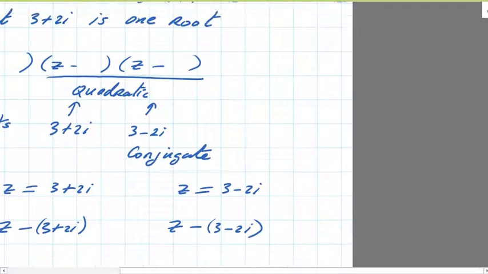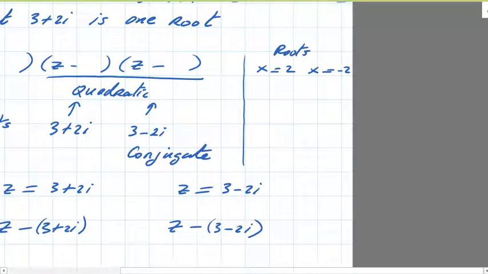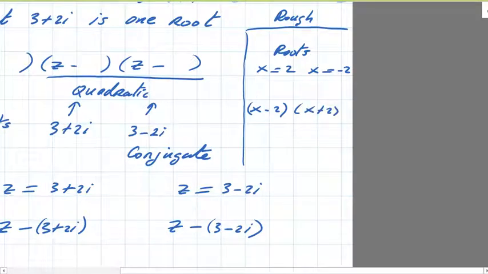In the same way, again, we have to remind you of this one more time. I mean, if you had x equals 2, x equals minus 2 as roots, for example, so this is rough work here, well, then x minus 2 by x plus 2 are factors. That's just what's called the factor theorem. That's all it is, the factor theorem. And that's all I'm using here.